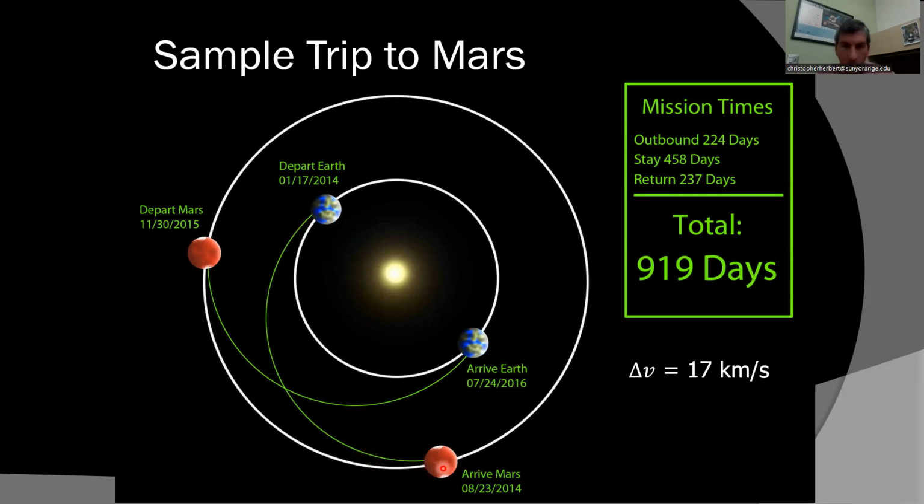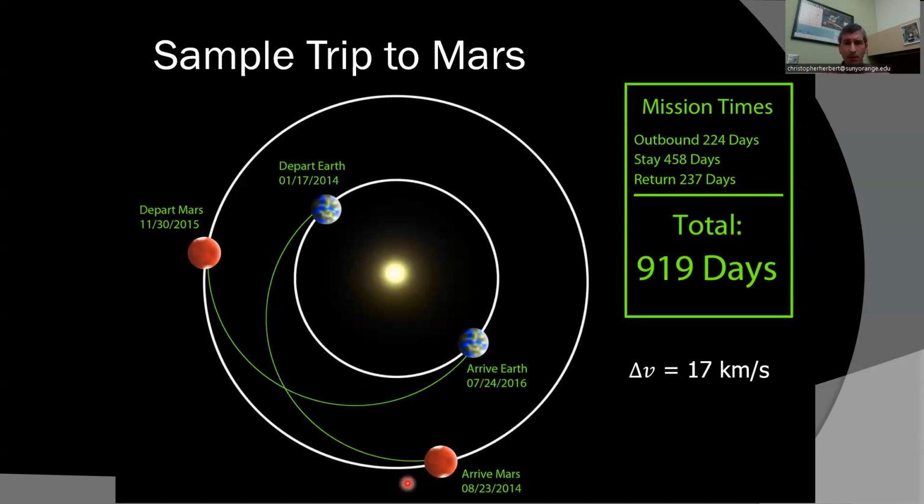But let's say that once we're on Mars, we want to return to Earth. We can't immediately do that. We have to actually wait for Earth to catch up with us, to lap us once in the orbit, and then we can depart from Mars. But as we can see, this means that it is going to take quite a long time, almost 3 years, for a round trip journey to Mars.